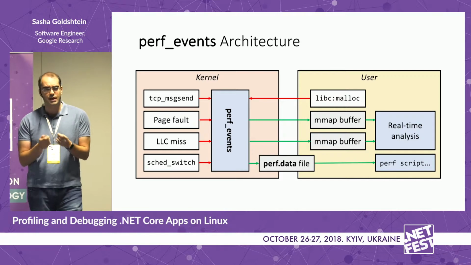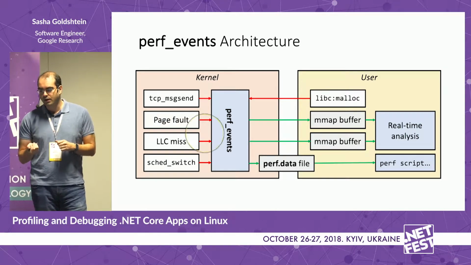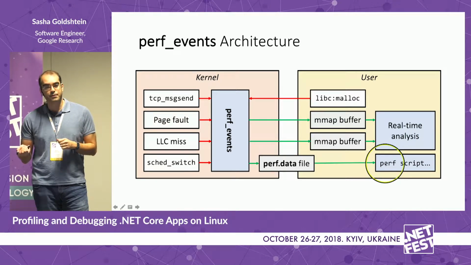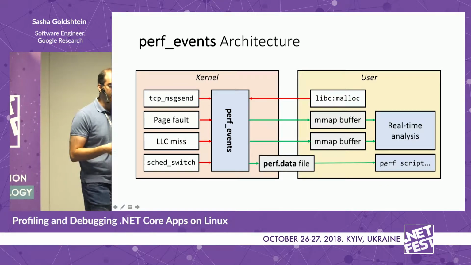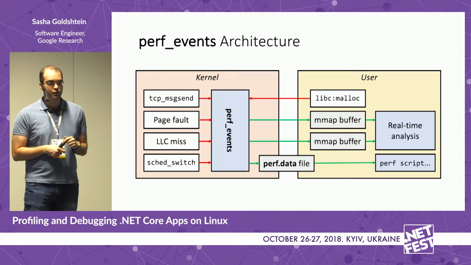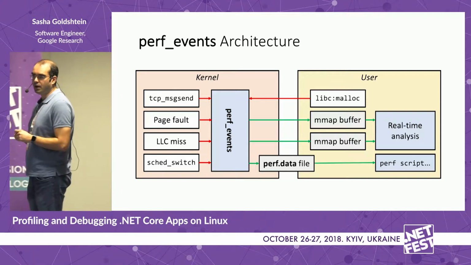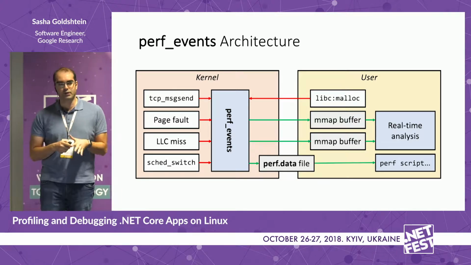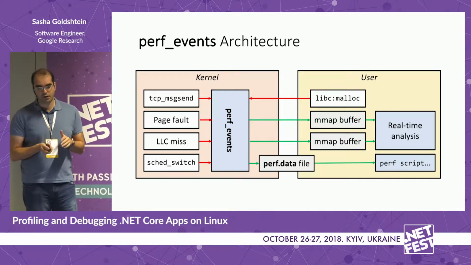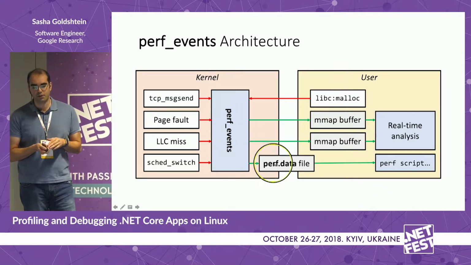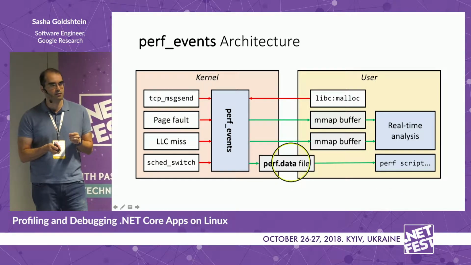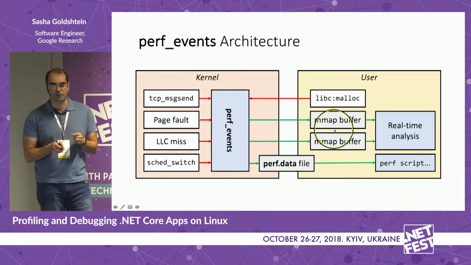Now, the user space part is a tool called perf, which you can run and instruct this kernel component to do a bunch of things for you. And the way perf works, and we'll come back to that a little later, is that the kernel part records a bunch of stuff into a file or into a memory buffer, and then you can process that information either in real time from the buffer or after the fact from the file.